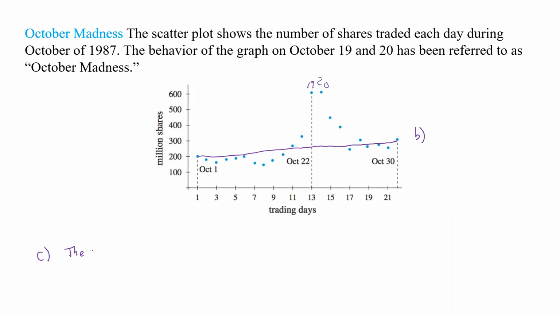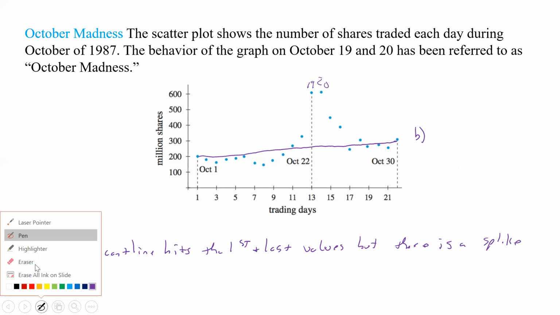the secant line hits the first and last values, but there is a spike, like we said.